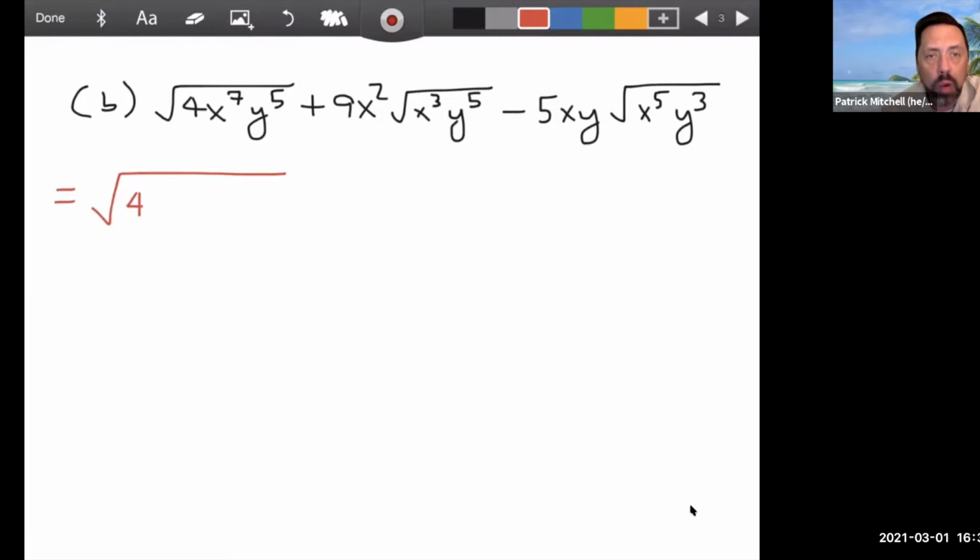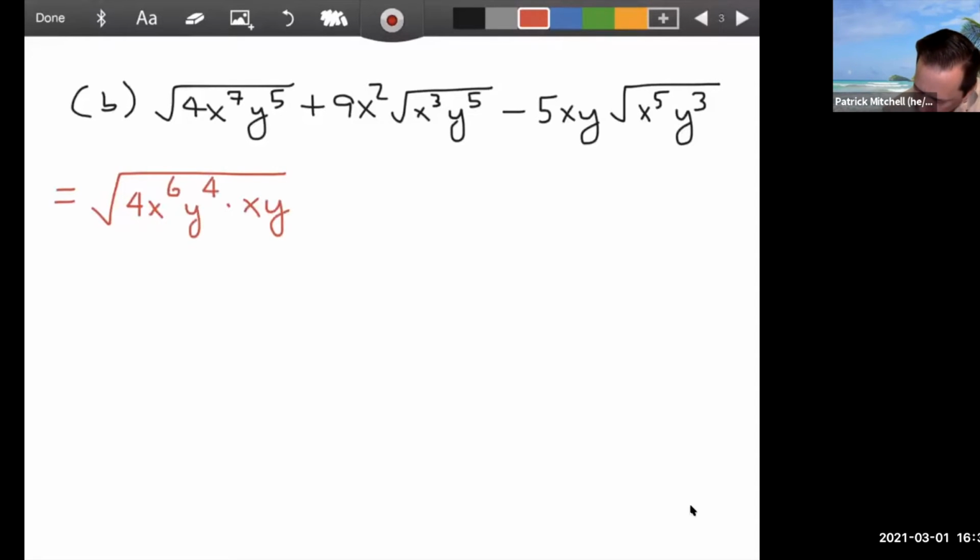Since we're doing square root, any even power of x or y will be a perfect square. So since those powers are both odd, I'm just going to take the power that's one smaller, x to the 6th, y to the 4th, and then the extra x and the extra y will go with the leftovers.